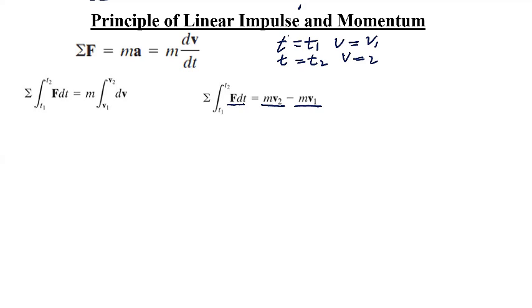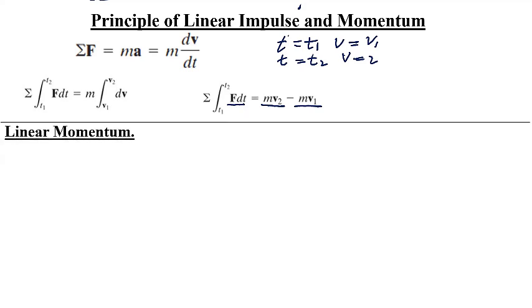So once you know the force acting on a particle for a specified time and you know the mass, you can find either the impulse for that period, or find the change in momentum.